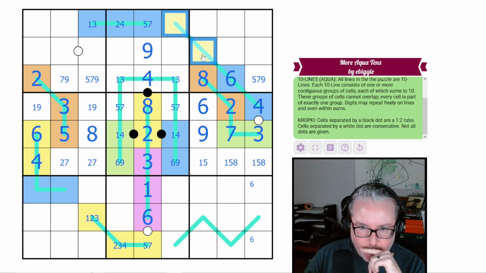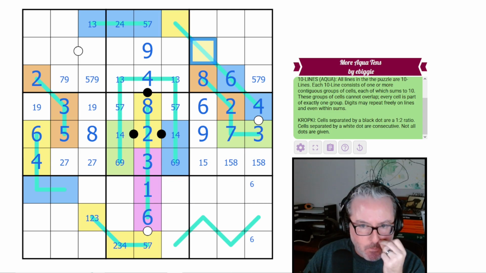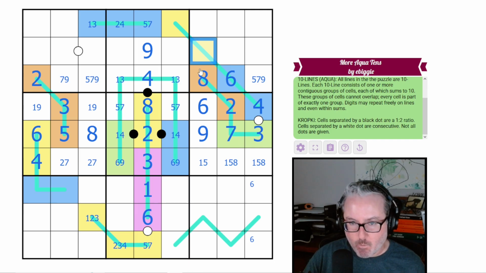These have to add to 10. What can this one be? Cannot be 1. Could be 2. Could be 3. Yes. Could be 4. Actually, it could be 5 as well.